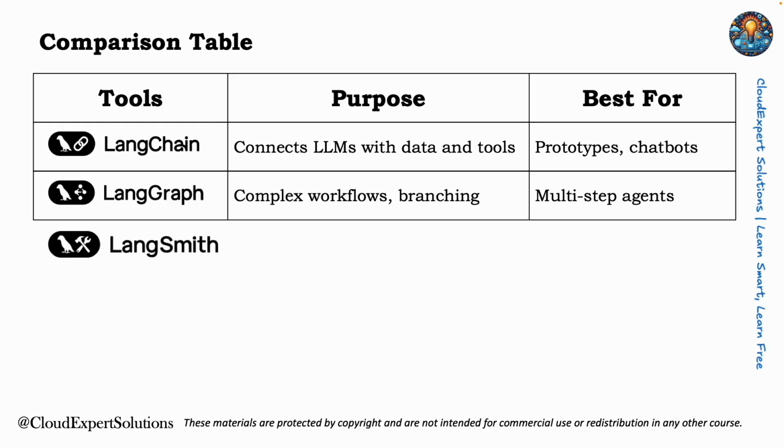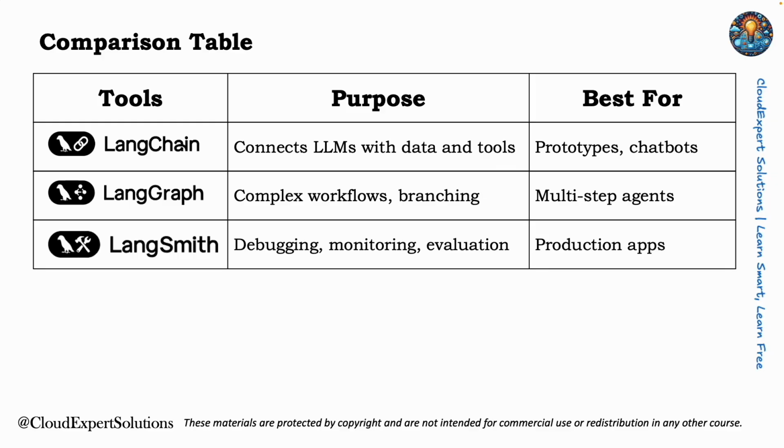For LangGraph, this is when things get a little complex or you need to handle complex workflows, branching or retry. This is best for multi-step agents. And finally, LangSmith ensures everything is reliable and production ready. The purpose of LangSmith is debugging, monitoring, and evaluation, and that is best for production applications.